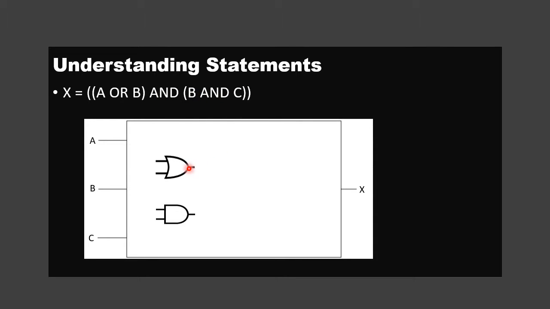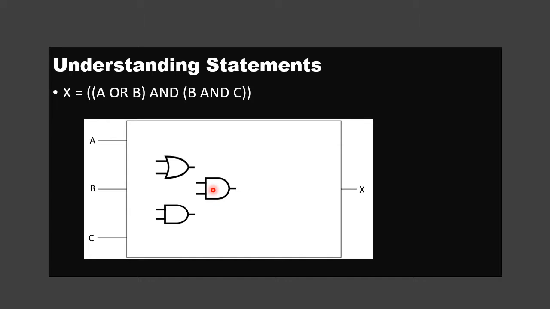So the top bracket is A or B, and that's this OR gate, and the bottom is B and C, the second bracket, and the output of these two should go into an AND gate, so we will just place it roughly over here.